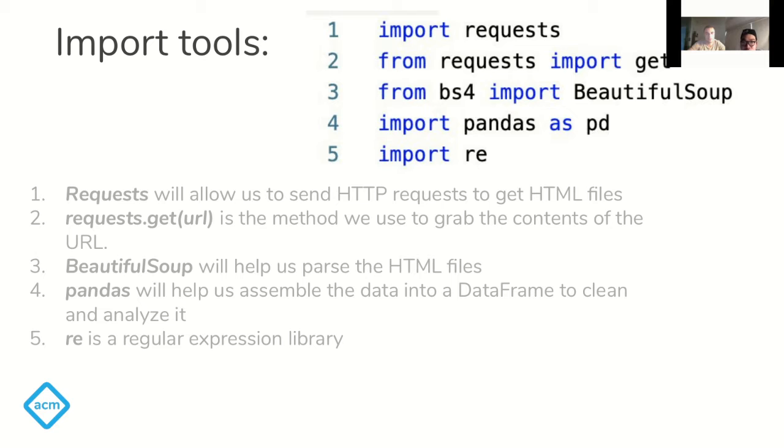We also will use the Beautiful Soup library, specified as bs4 to make it very short, and the pandas library to make the data frame prettier and then analyze it. And lastly, we are using regular expressions to do some kind of string manipulation.